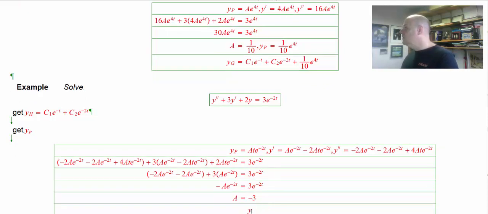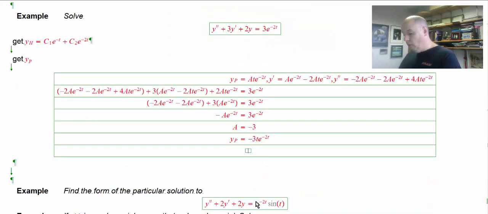So our particular solution is equal to minus 3t e to the minus 2t. So our general solution is going to be equal to our homogeneous solution that has the constants in it to hit initial conditions if given, plus our particular solution, whose only job is to hit the target function.